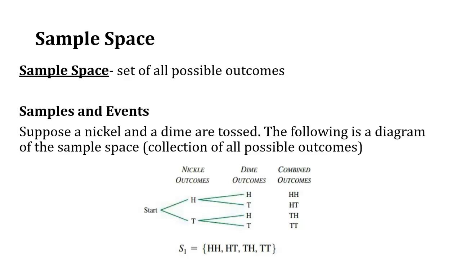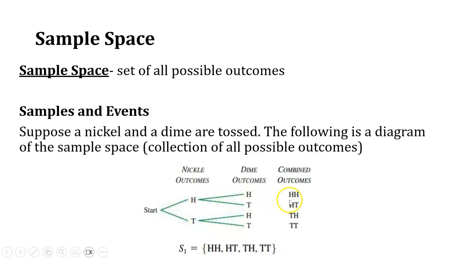So suppose we have two coins and we toss them. And so here's the diagram below. So that is all of our outcomes. So we start with heads or tails. And then if we flip a heads, the second coin is either heads or tails.